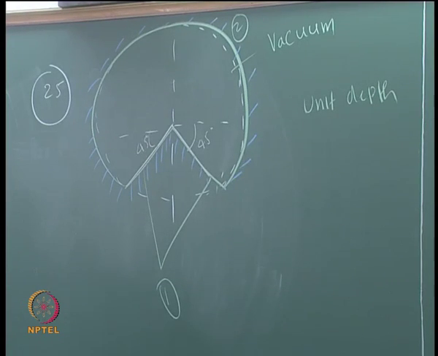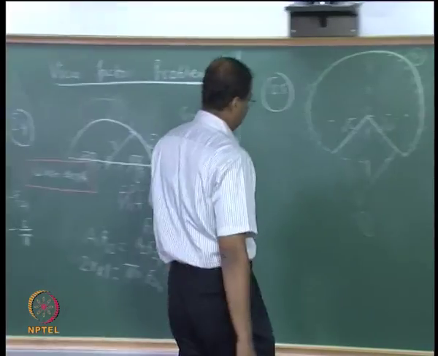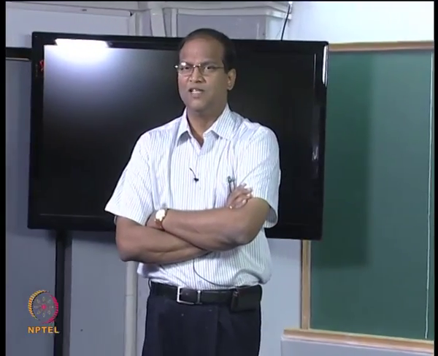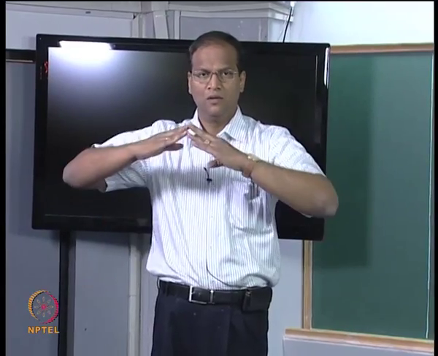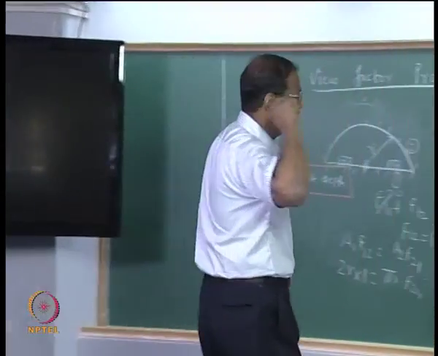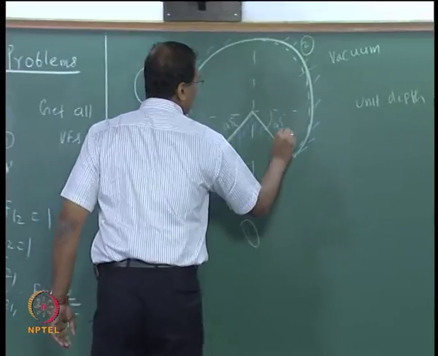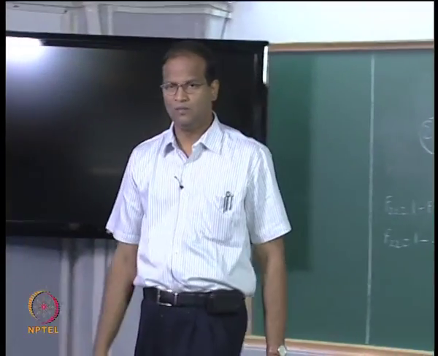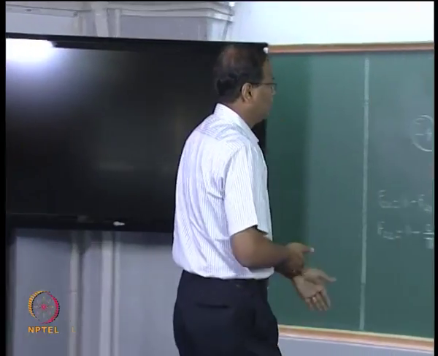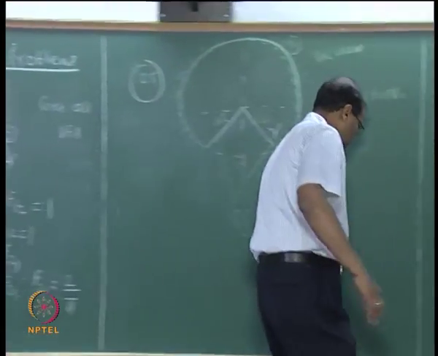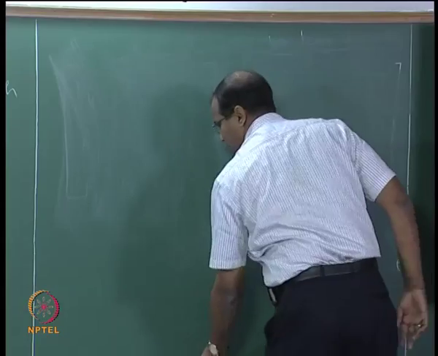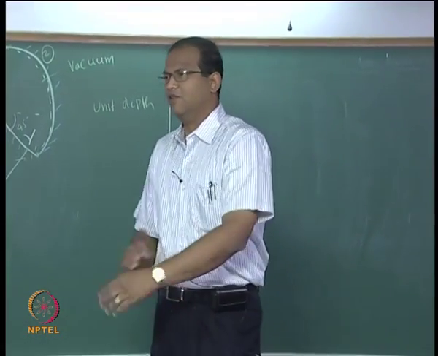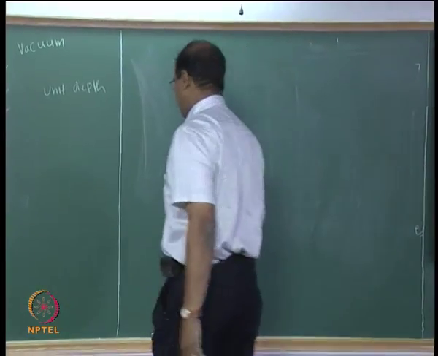What is the included angle? 90, very good. Radius, needless to say, is r. You convert the problem appropriately for the given configuration with unit depth and determine all view factors.